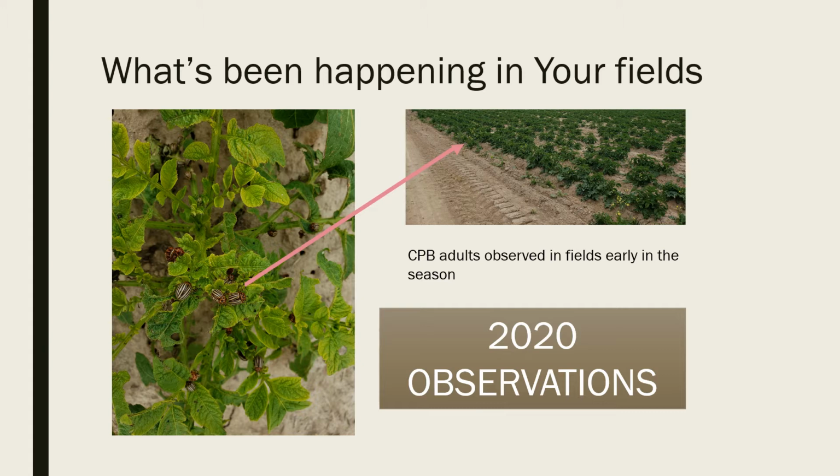This is not new. We know this has been happening for a couple of years, but typically it's later in the season. And this year we had a very cold spring, which probably delayed planting a little bit, but it's still not typical for them to be showing up that early.